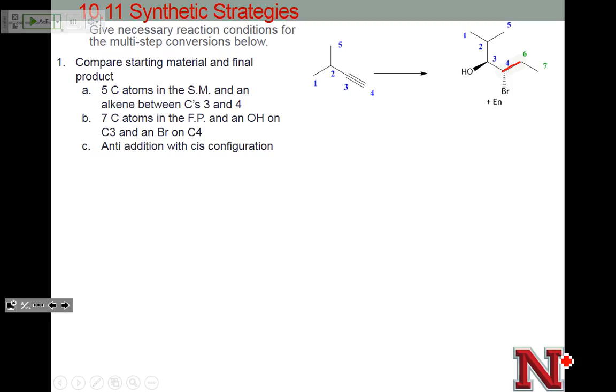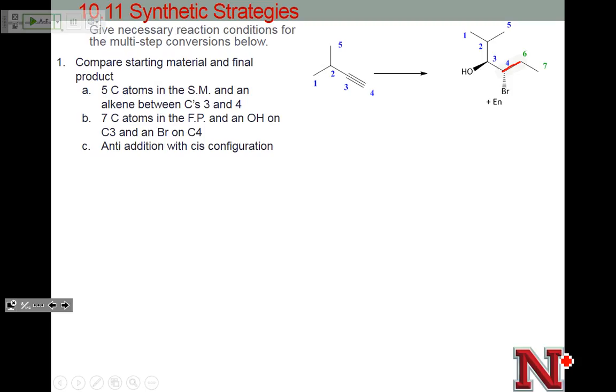The next thing to note, do we have any pi bonds in my final product? No. But we started with a triple bond. So when we did this addition, which we know we can do with Br2 in the presence of water, so that'll form our OH and Br.